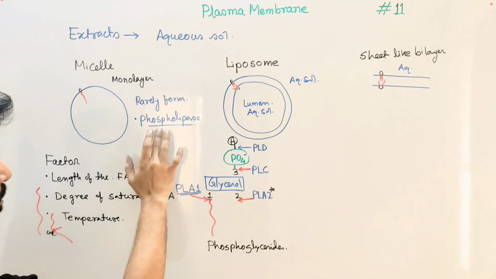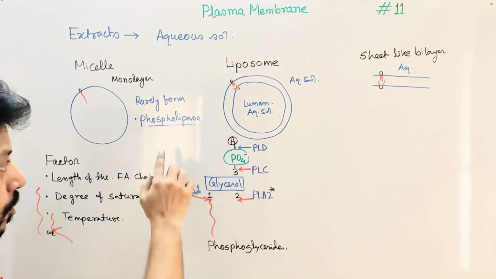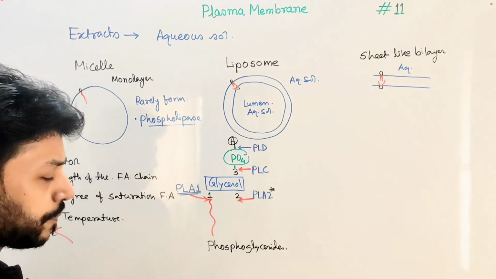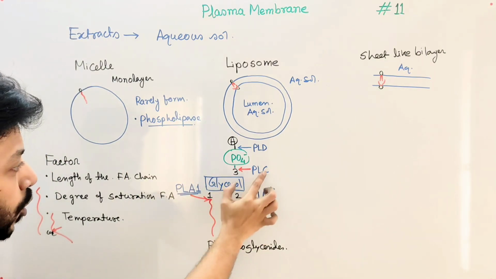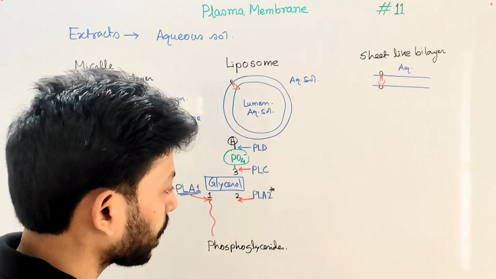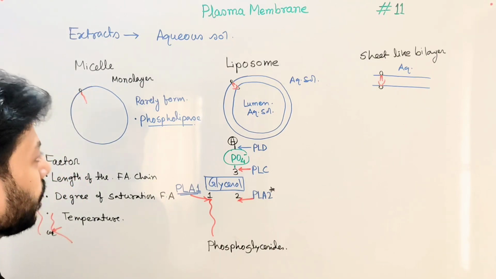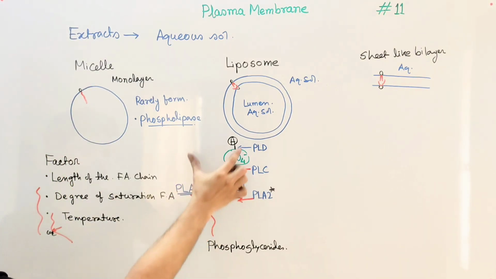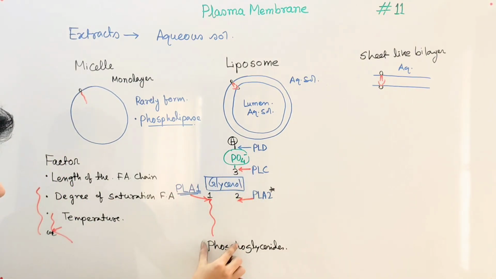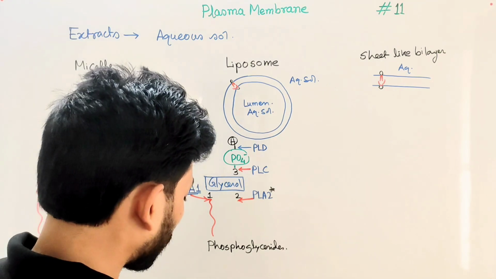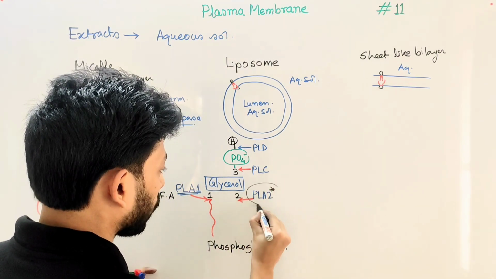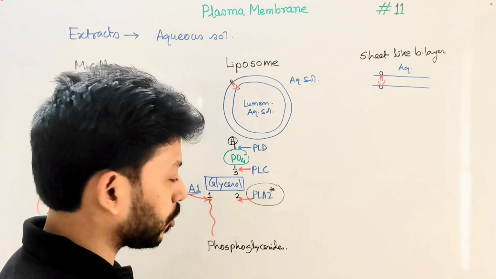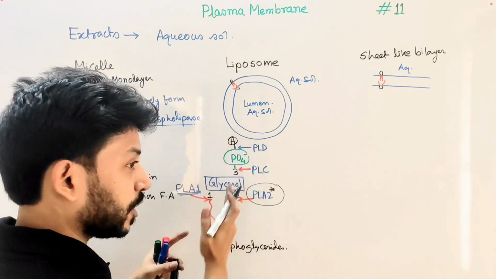So by the help of phospholipase, especially PLA1 or PLA2, not PLC and PLD because they will not cleave the fatty acid chain, this type of lipid is called lysophospholipid. Remember the name. When we treat with this type of enzyme, PLA2, the structure is different.